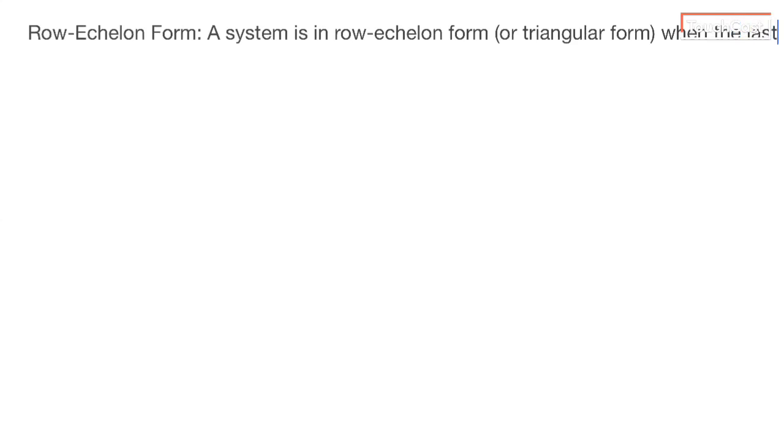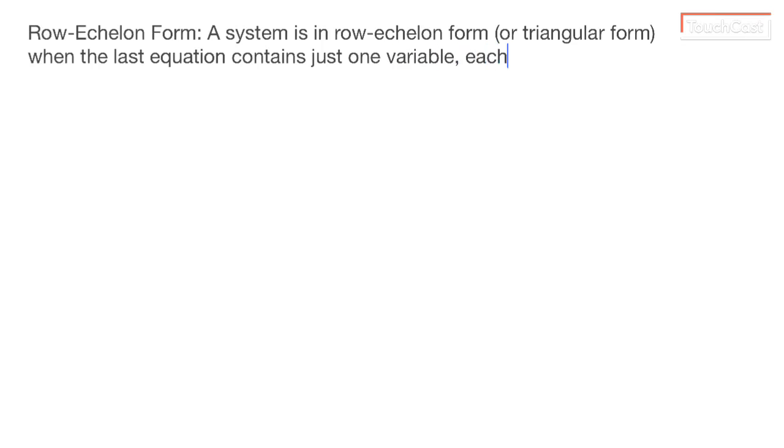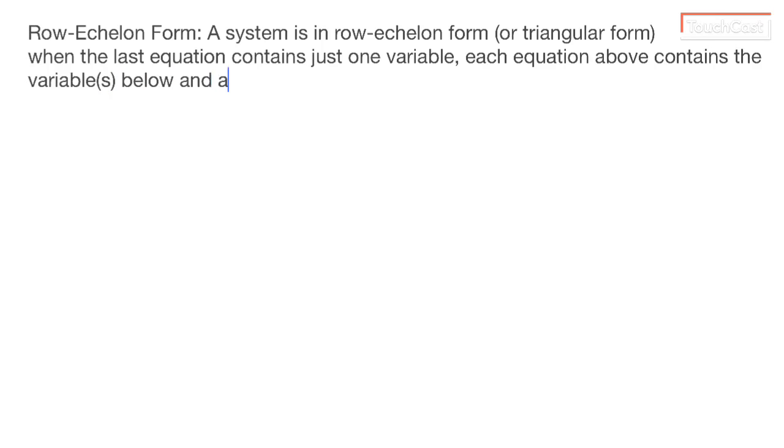We say that a system is in row echelon form, also sometimes called triangular form, when the last equation contains just one variable and each equation above contains the variables below and an additional variable.